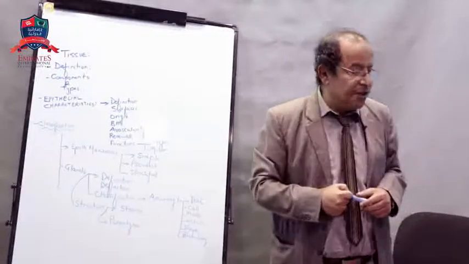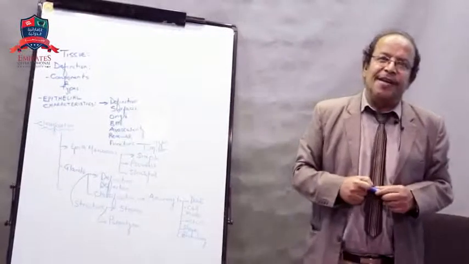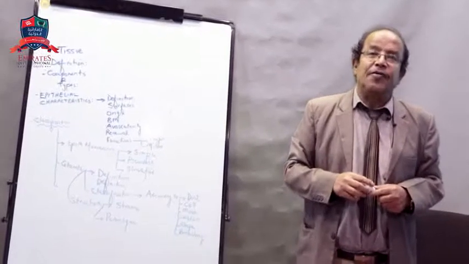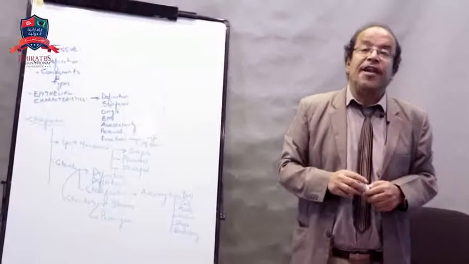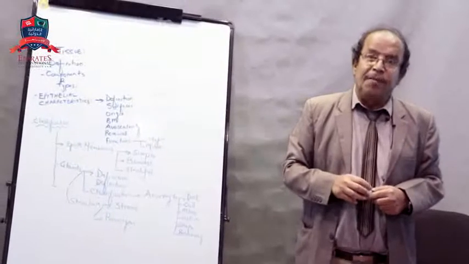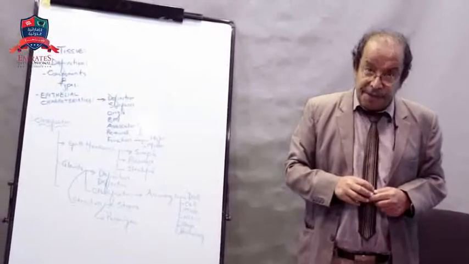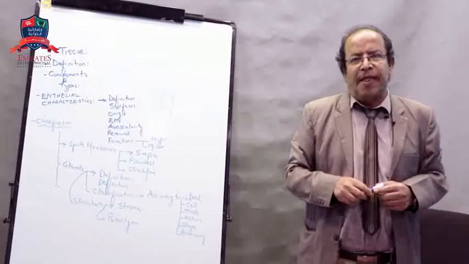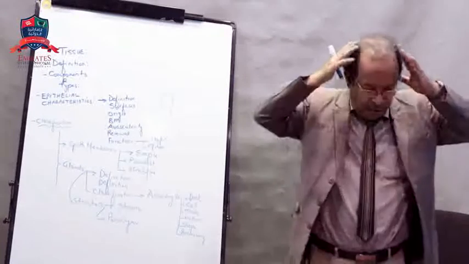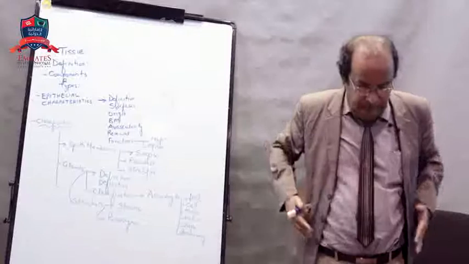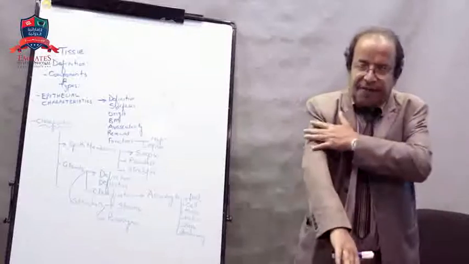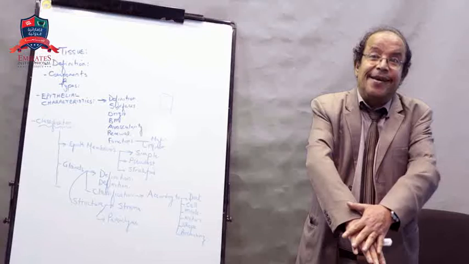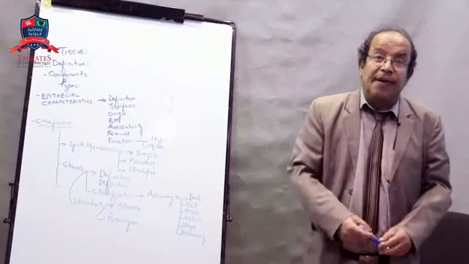What is the origin of the epithelial structures? Epithelial structures are found everywhere. They originate from the ectoderm, the mesoderm, and the endoderm. The external part of your body, all the epithelium covering the external part, originates from the ectoderm.